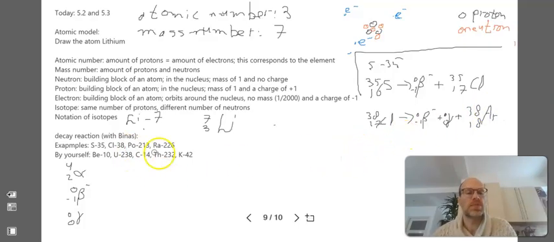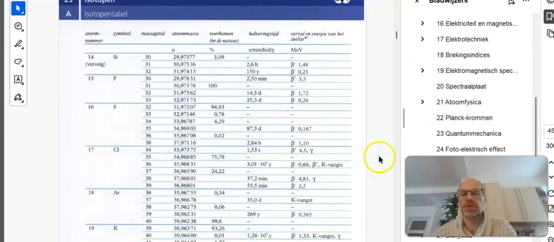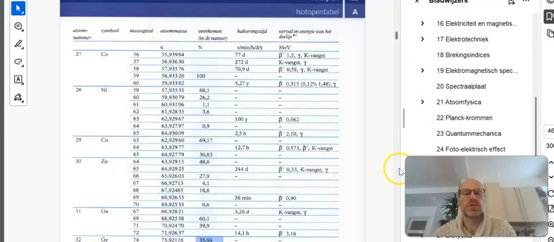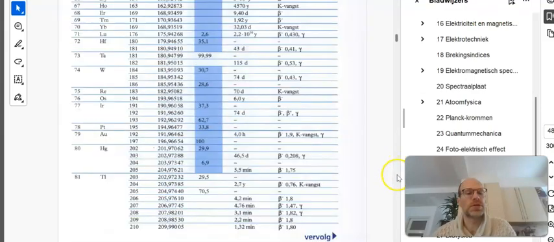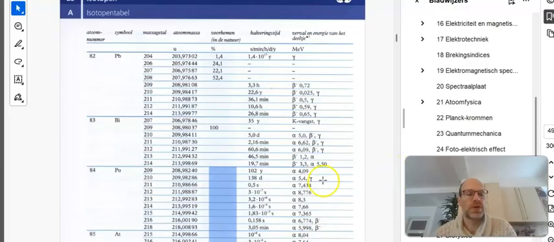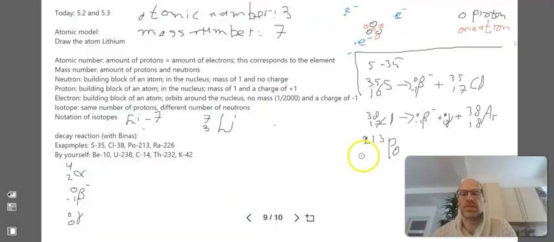Okay, next example is PO213. So 213 PO. And then we need to search for it. So I'm going to scroll down until I'm roughly at 200. And 13, there it is, over here. And you can see PO is over here. So PO is 84. And it only is alpha. It's only alpha. So 84.